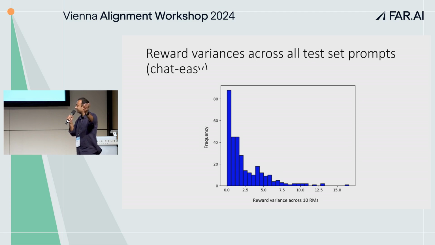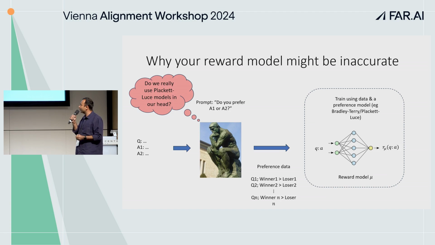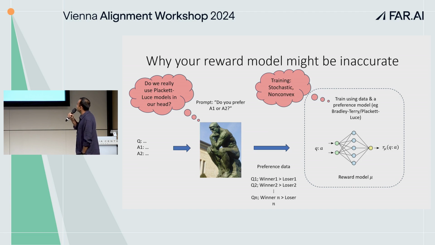Now one can speculate and come up with a bunch of natural reasons why this happens. You can question the reward modeling process right from the basics. I'm not sure humans really have a preference model in their heads, which is what is used in reward model training. The other thing has to do with the fact that the training of the so-called reward model itself is a stochastic, dynamical process.